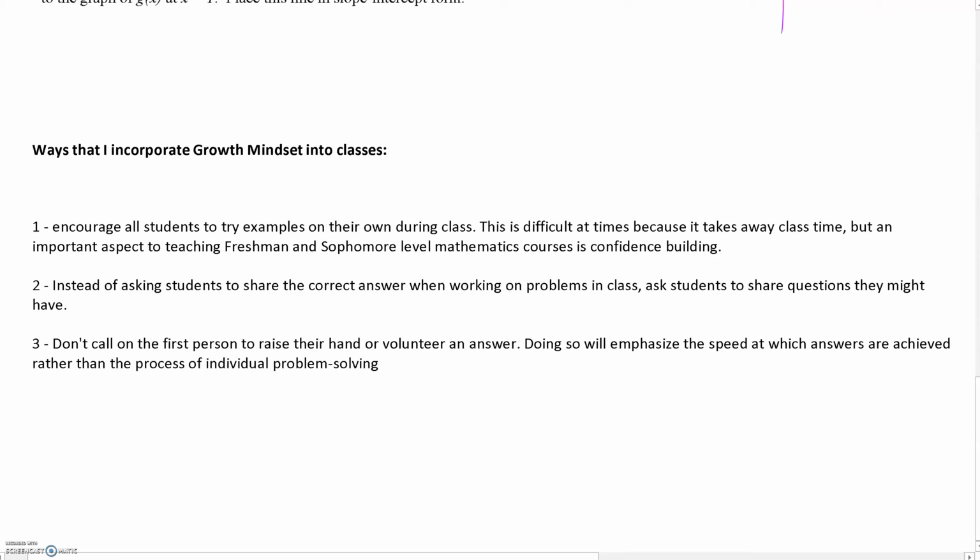The second way that I've incorporated growth mindset into my classes is to ask students to share their answers. Instead of asking students to share their answers, I ask them to share their questions. This focuses students on either questions that they have or questions that they think their peers might have. And it leads to a much more detailed conversation.